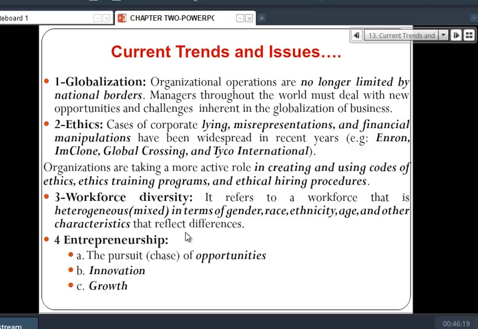So they are chasing opportunities and looking into problems as a way to gain new customers or new opportunities. We see problems as opportunities to discover more and to go ahead more. And innovation and growth, these are the three basic elements of entrepreneurship.